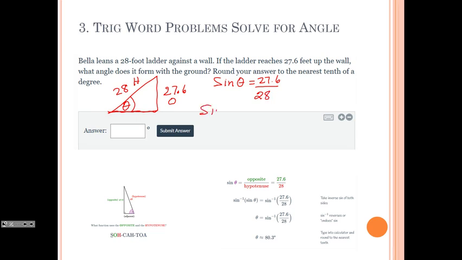Second sine or shift sine of 27.6 divided by 28. That's going to give you your theta value. So go ahead and do that in your calculator. We get 80.3, nearest tenth.